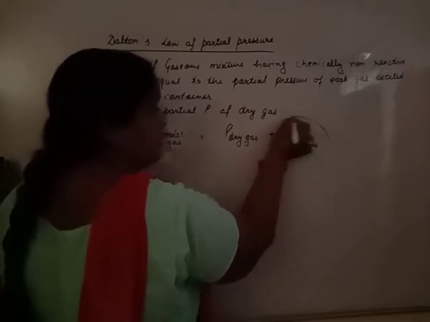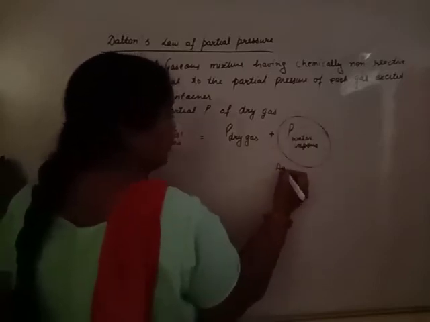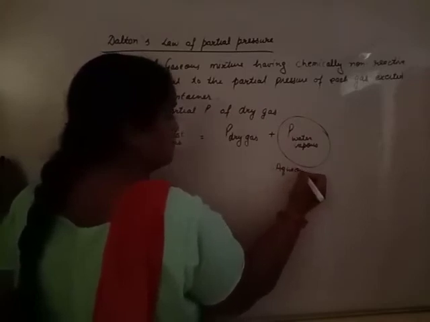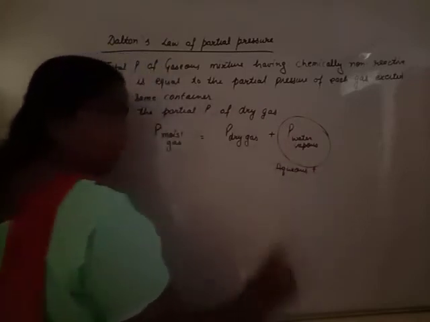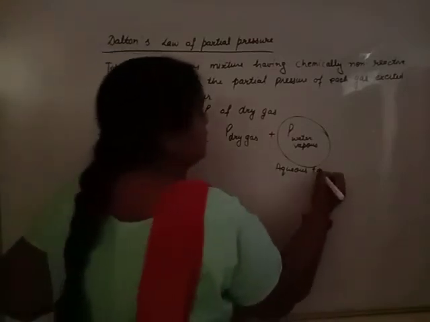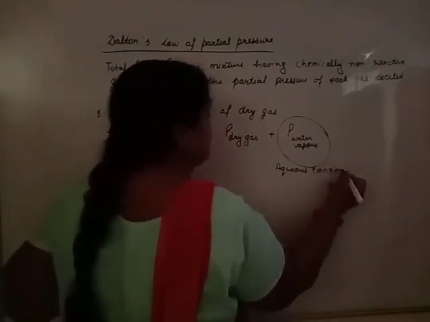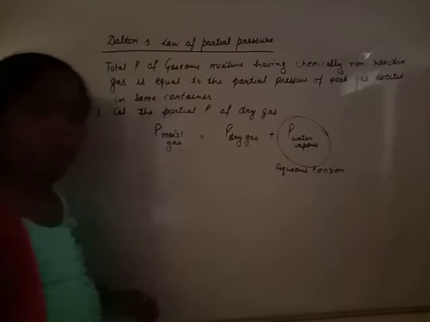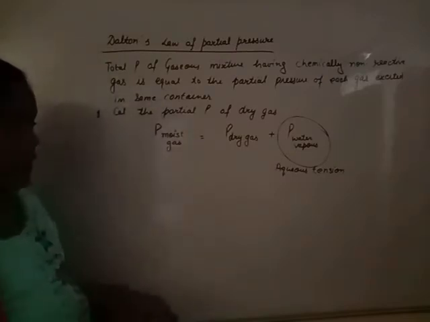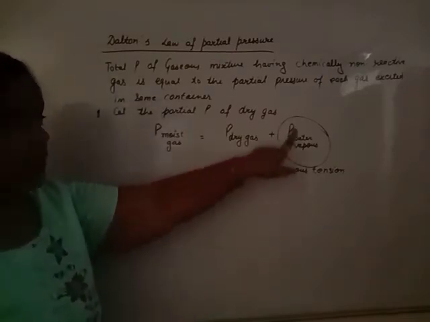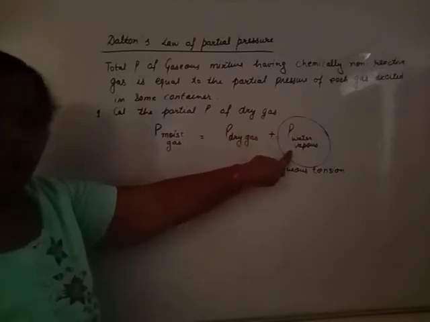The partial pressure of water vapors is known as aqueous tension. It is a 1 mark question in your exam. What is aqueous tension? Aqueous tension is the pressure exerted by water vapors.